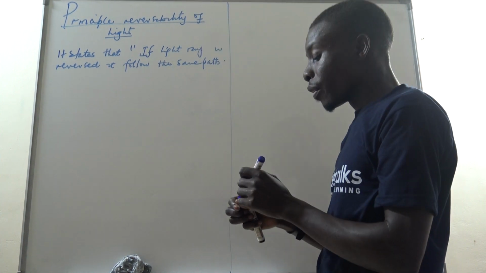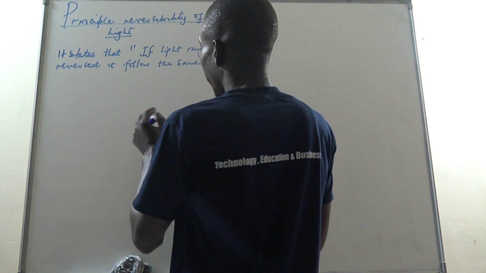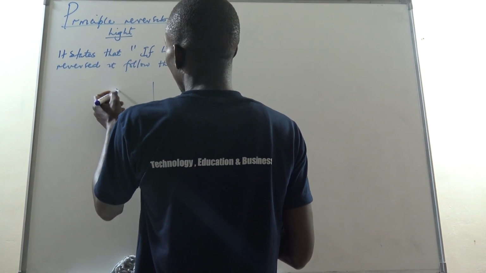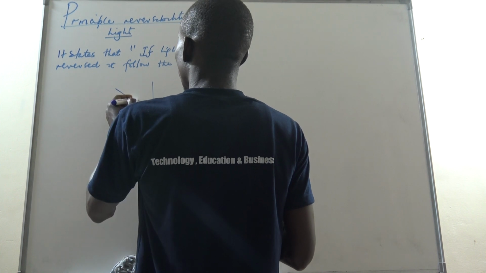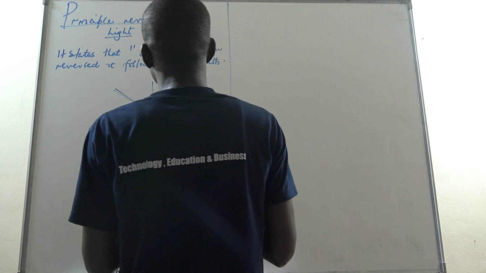Okay? That if we reverse the direction of light, if it was moving from the other side, like as we're going to see, if light is traveling from this side to this side in this direction, if you reverse it to begin from this side, it will also still follow the same path.